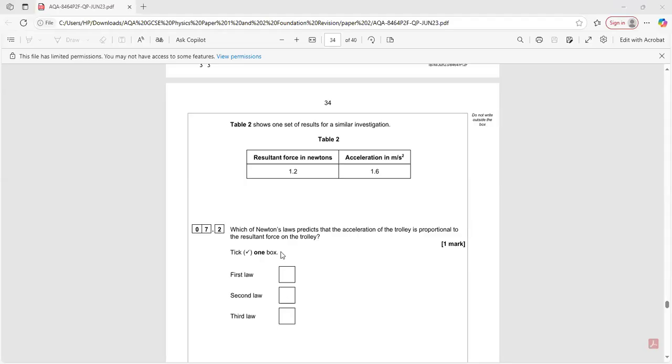So if the first one says that, then obviously the second one tells us that the acceleration of an object is proportional to the resultant force on that object. So I'll go with the second law, but help me confirm if the mark scheme agrees with us.